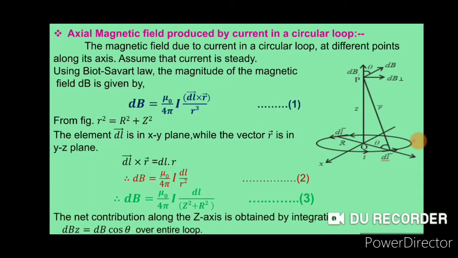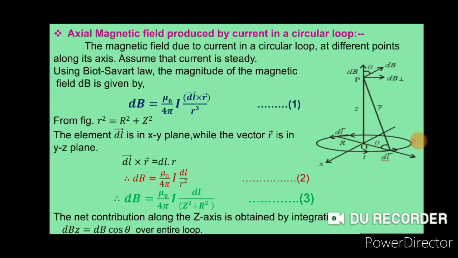The direction of dB bar is perpendicular to the plane formed by dl bar and r bar. Its z component is dBz and the component perpendicular to the z axis is dB perpendicular. The component dB perpendicular sums to 0 as the contributions cancel out due to symmetry.